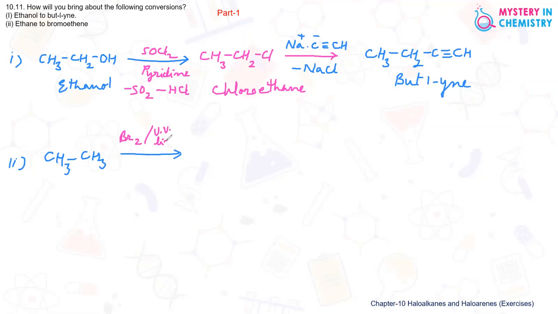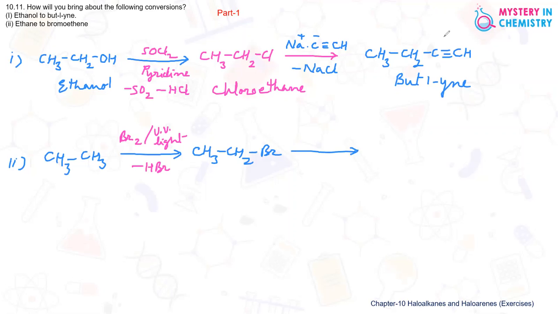In presence of heat also this reaction is possible, and one of the products will be the one where hydrogen is replaced by Br, the required compound needed for the next step. So CH3CH2Br we can write here.